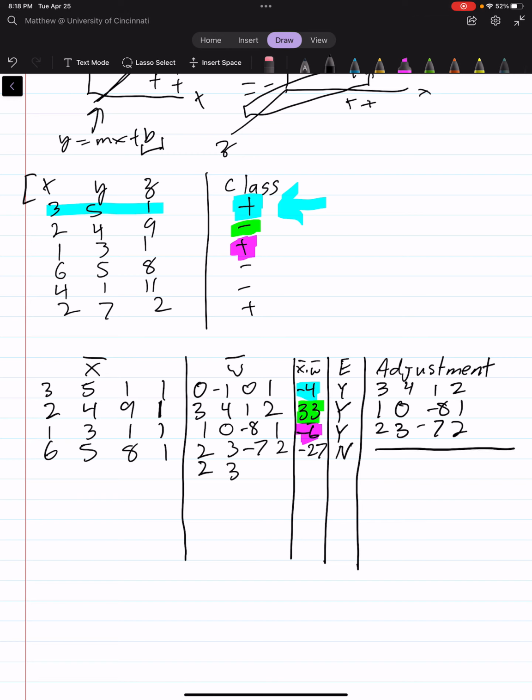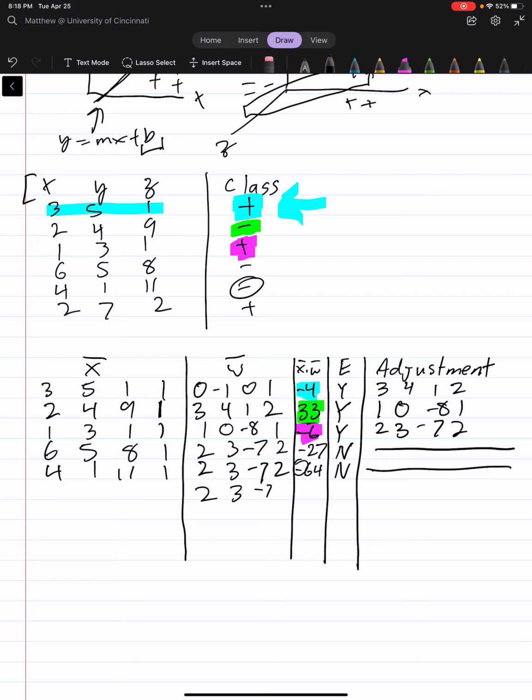So we're just going to go down and copy down the 2, 3, -7, 2 for the next one, which is 4, 1, 11, 1. That's going to give us -64, I think. And is this an error? No, because we expected negative, right? We've got negative, negative. We don't have error, no adjustment needed.